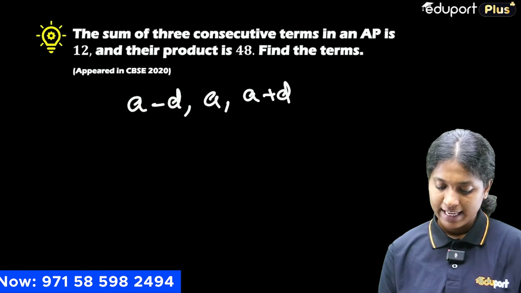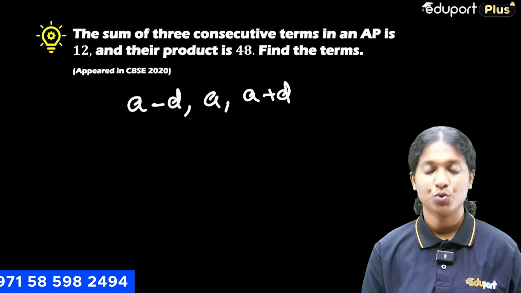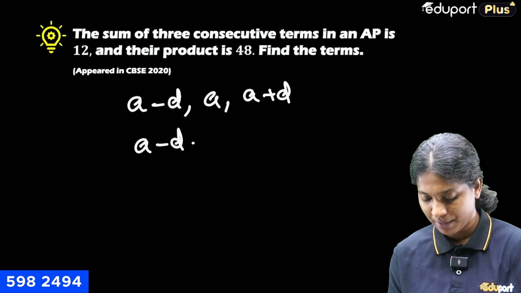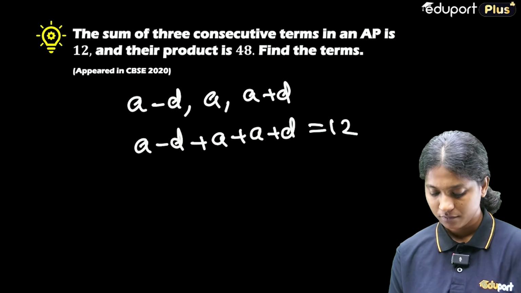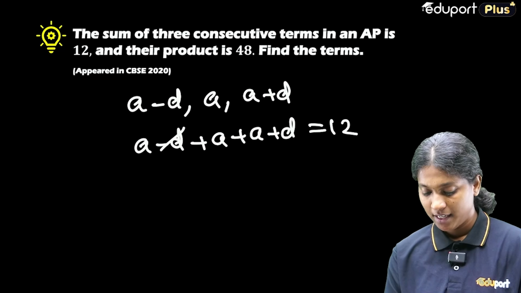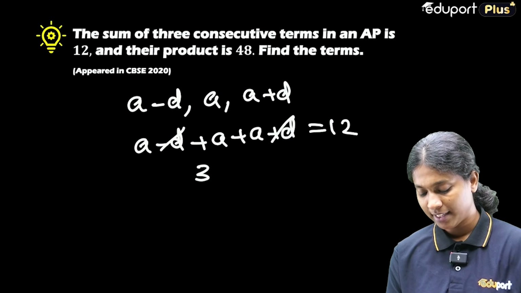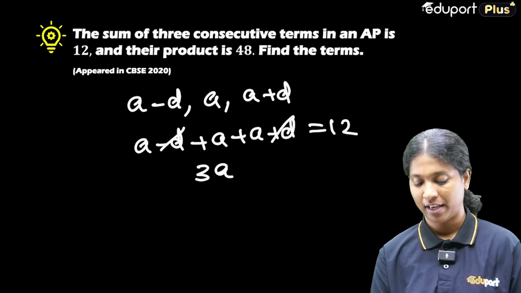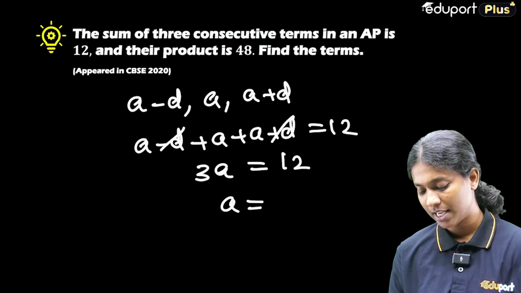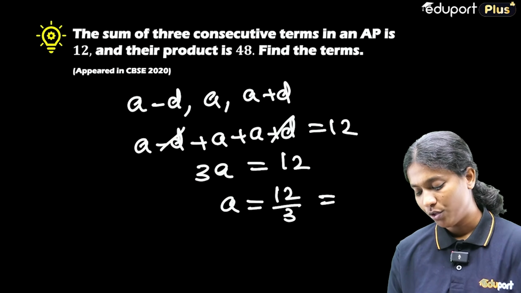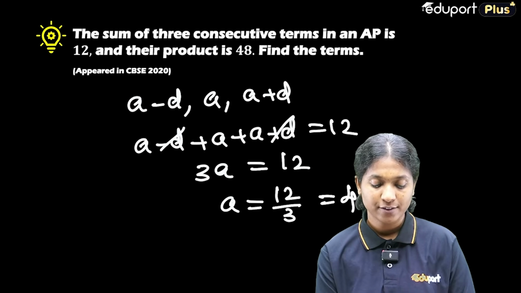Firstly, they told the sum is 12. So, a minus d plus a plus d equal to 12. What will be cancelled? d will be cancelled and you will get it in terms of a, that is why we are taking it that way. So, 3a is equal to 12. So, a is equal to 12 by 3, which is 4. So, you got a as 4.